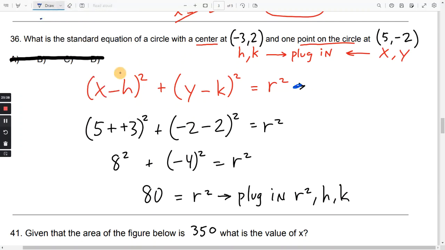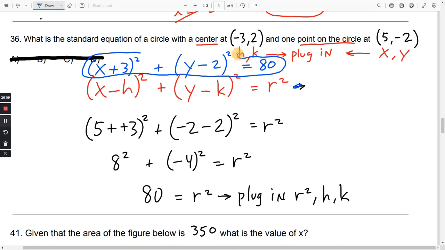So we have x minus h, which is negative 3. So minus negative 3 is plus 3. And we have y minus k, which is 2. And that's squared. And we said r squared equals 80. So r squared is going to be 80. Alright, I made a little bit of a mess. But this right here is the final answer.